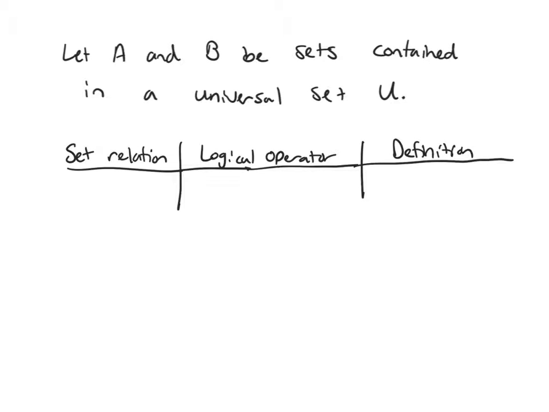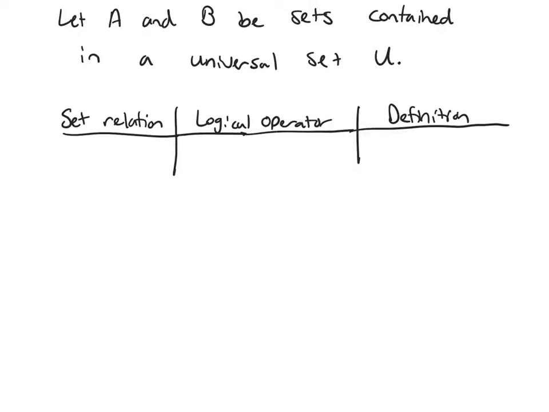So let's start with our first set relation. That was subset, which the way we denoted a subset was like that. What it corresponds to in terms of logic is an if-then statement, which remember is a conditional statement. It's an arrow.